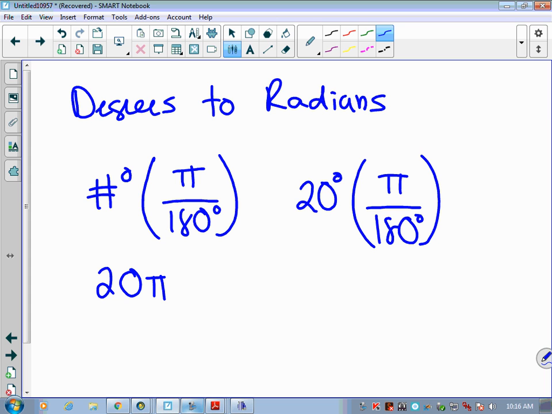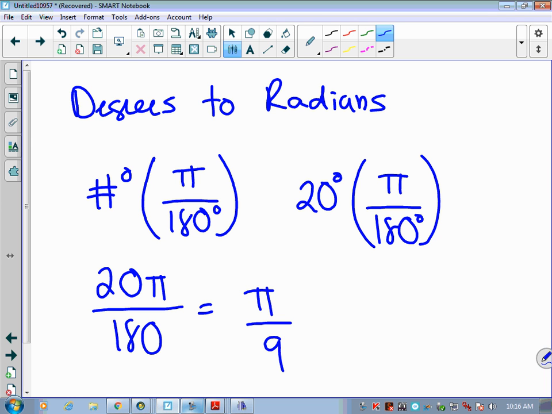20 degrees times pi over 180 is 20 pi over 180. Okay, now, can I simplify 20 over 180? Yeah, what is it? 1/9. Okay, so we could write 1 pi over 9, or we could just write that as pi over 9.